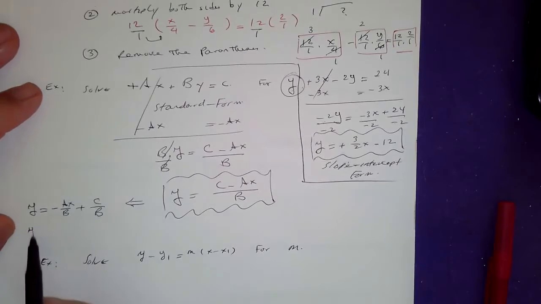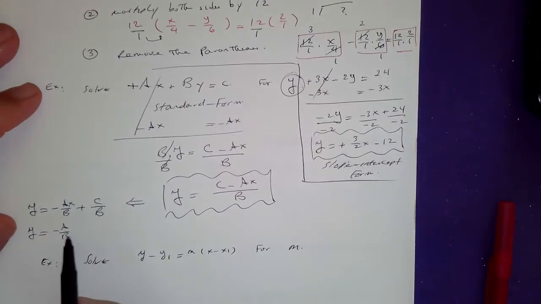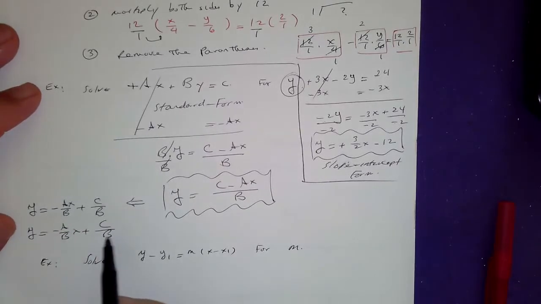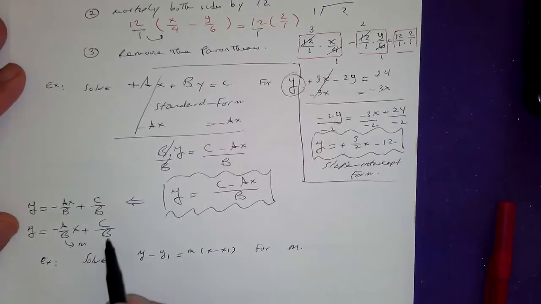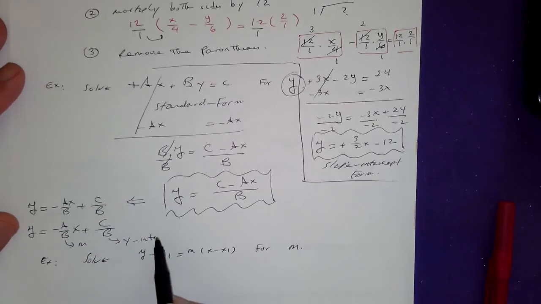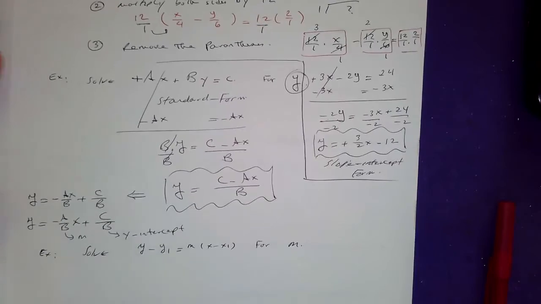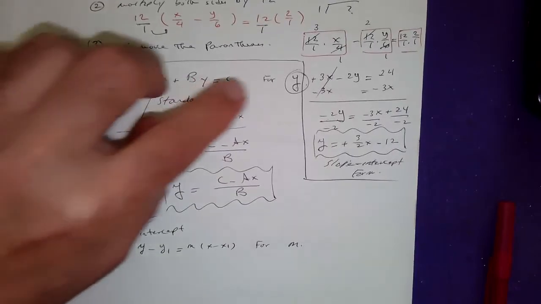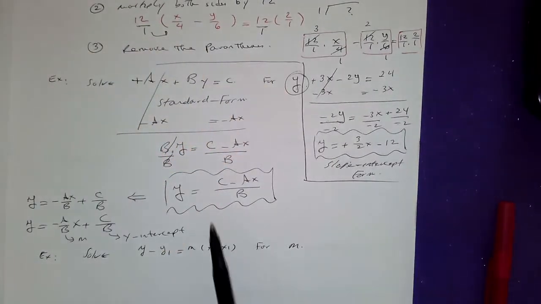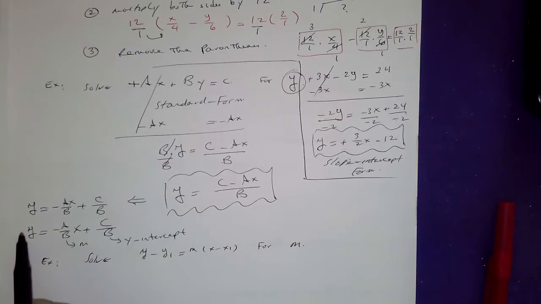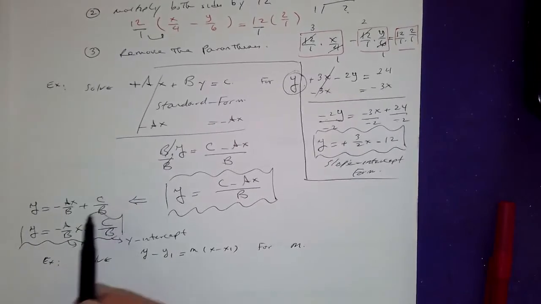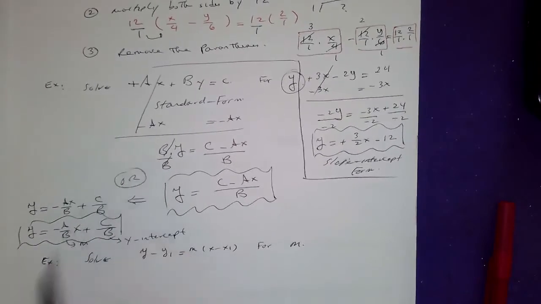This way you can tell what the slope and the y-intercept is. Turns out the slope is negative a over b, and the y-intercept is c over b. But that wasn't the idea. The idea was solve for y, and I did. So I'm good here for this answer. Either of these answers are okay, guys.